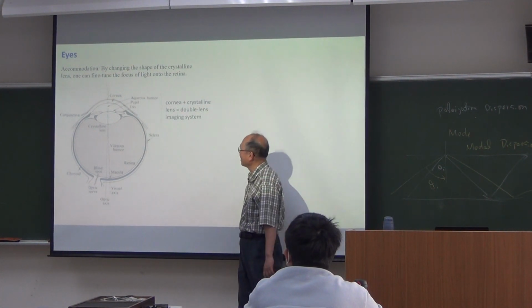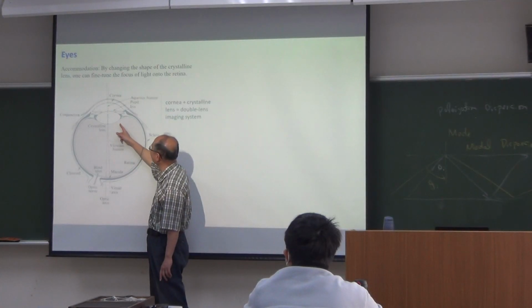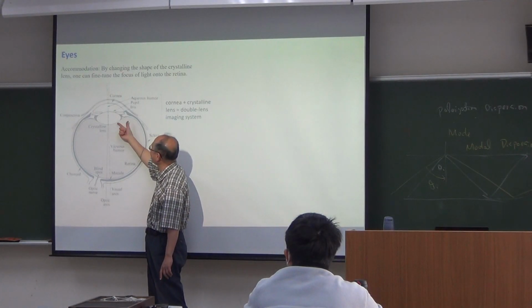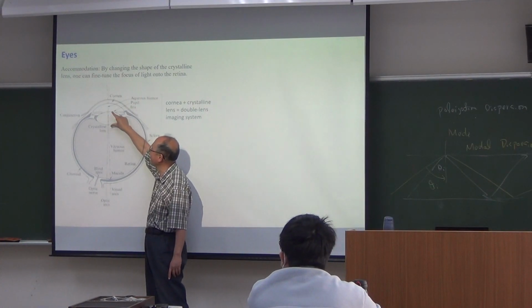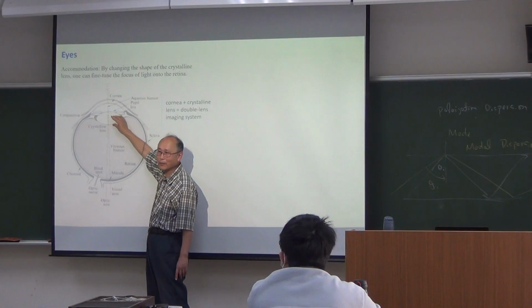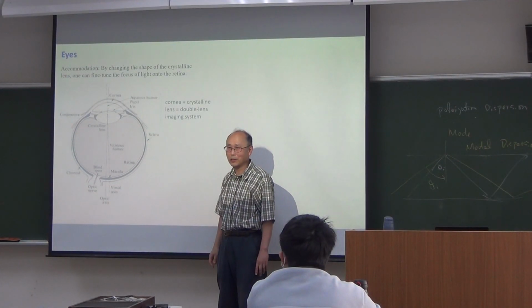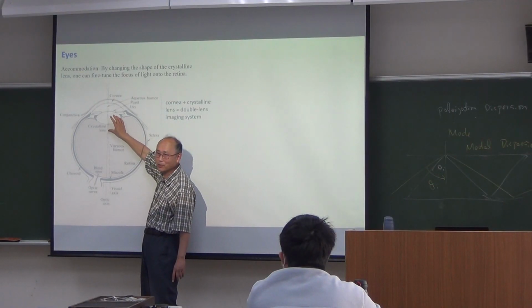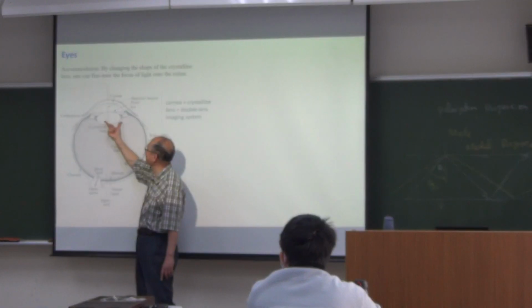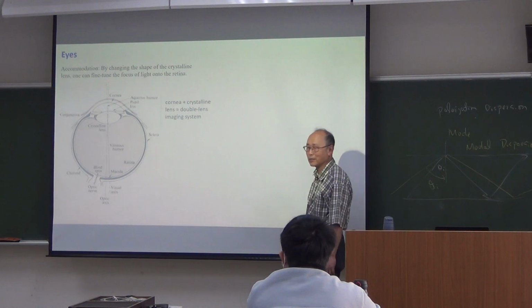And the beauty of your eyes is that you have some muscle here to control the focal length of this lens. So when you are young, you can adapt to a lot of situations by using your muscle to control this crystalline lens.